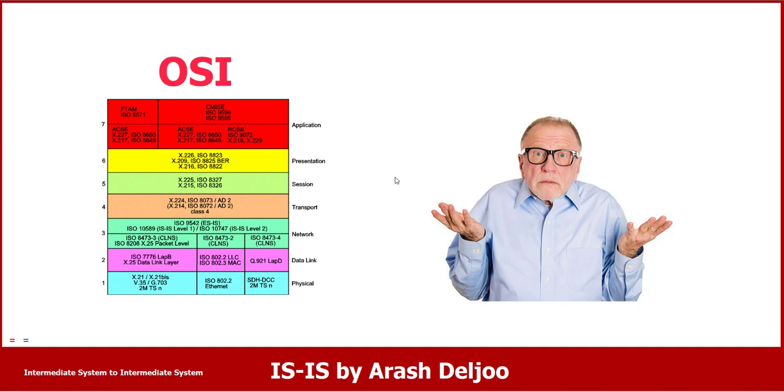Okay, as you can see, in the old days of networks, OSI was not only a reference model, OSI was a practical model. In those days when OSI worked as a practical model, we had different terminology compared with the terminology that we see in our networks today.